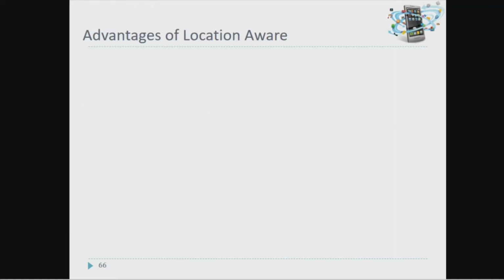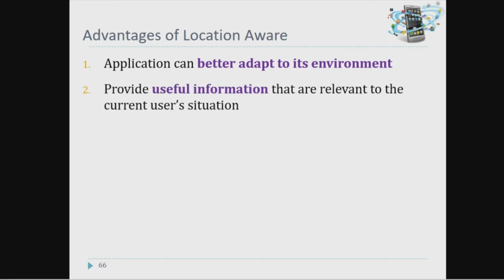So the advantages of location awareness. One, the first advantage, the application can better adapt to its environment. Second, it provides useful information that is relevant to the current user situation. For example, waktu solat, you're currently in Jasin, Melaka, so you need to know the waktu solat based on your location.